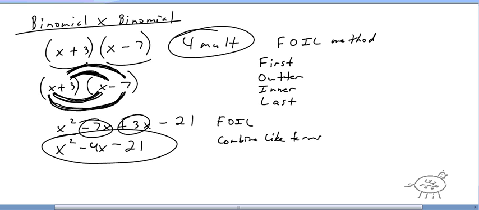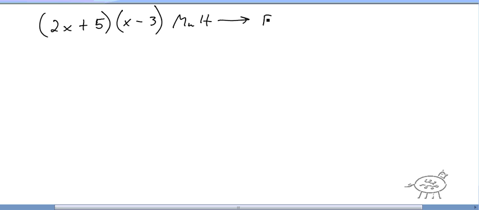Okay, so let's do a couple examples of these guys. If I did 2x plus 5 and x minus 3, and I ask you to multiply, you're going to do FOIL.